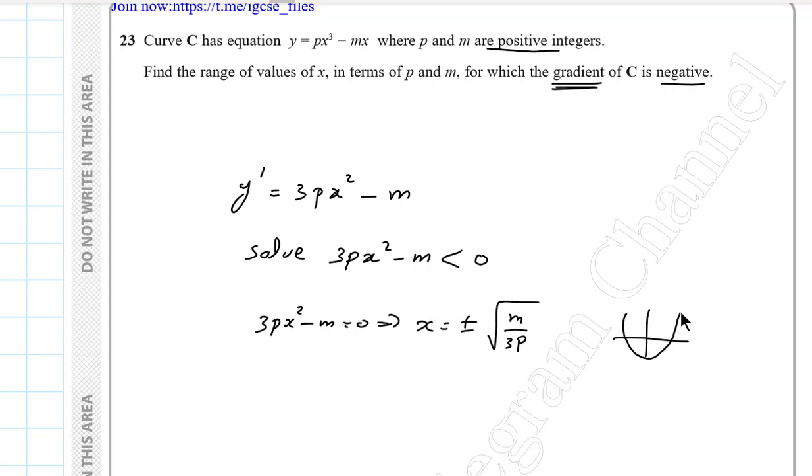I'm sure that it's open upward because p is positive, and this point is negative root m over 3p, and this point is positive root m over 3p, and we are searching for the negative values here. So x should be greater than negative root m over 3p and less than positive root m over 3p.